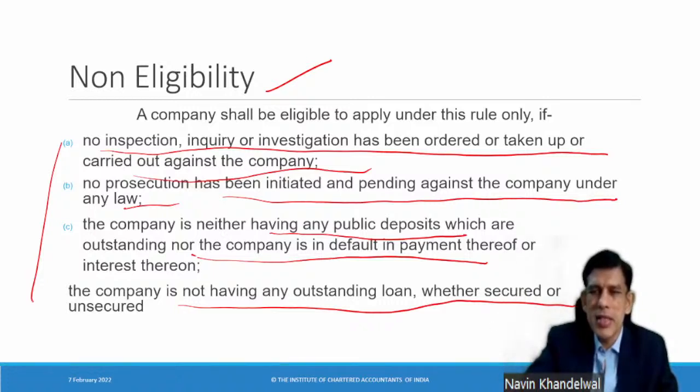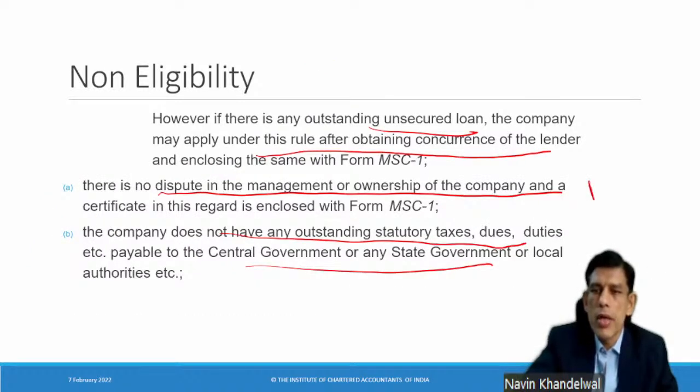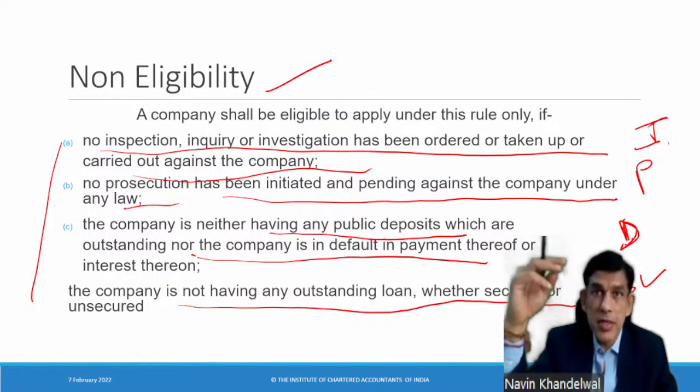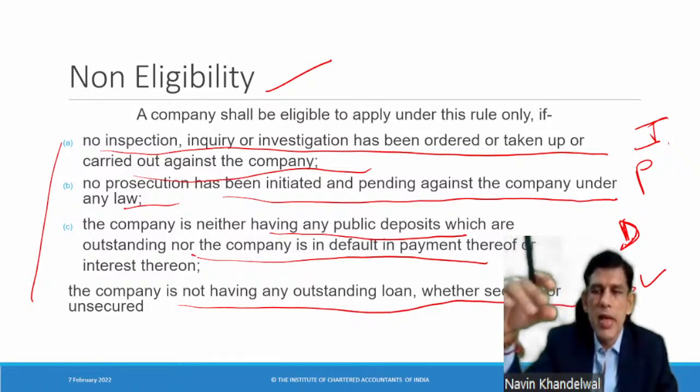Logically, if you analyze, no inspection, no prosecution, no deposit, USL, IPD, again D, dispute, again D, duties. So it is all about DDD. IP, intellectual property with 3D and unsecured loan. Intellectual property with 3D, you understand 3D movies, with unsecured loan.